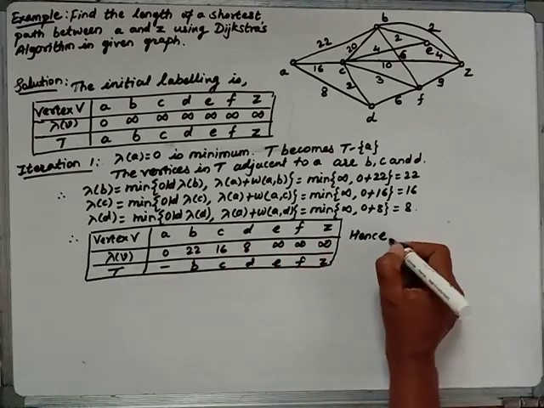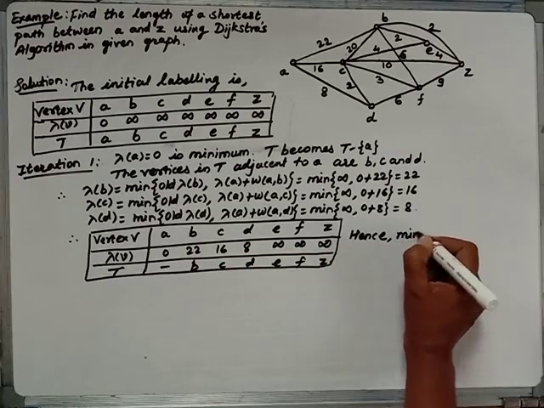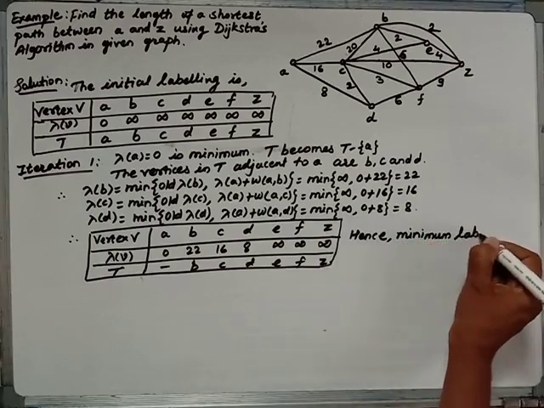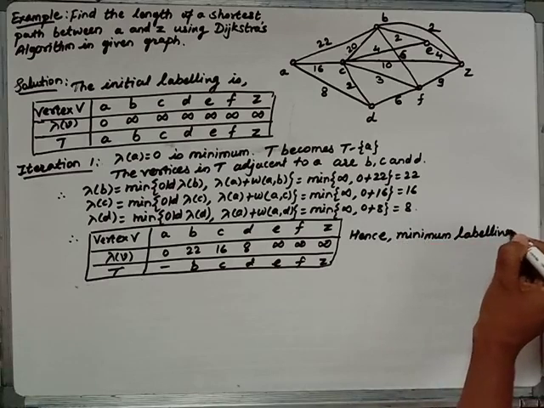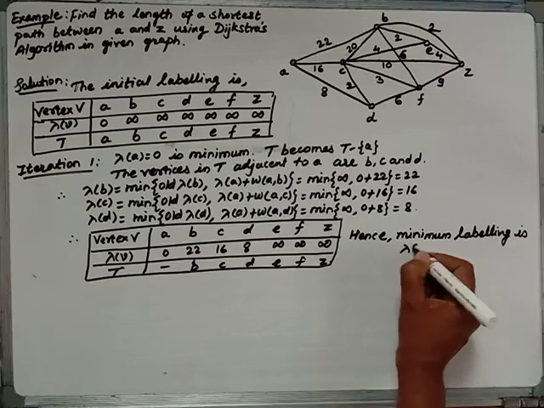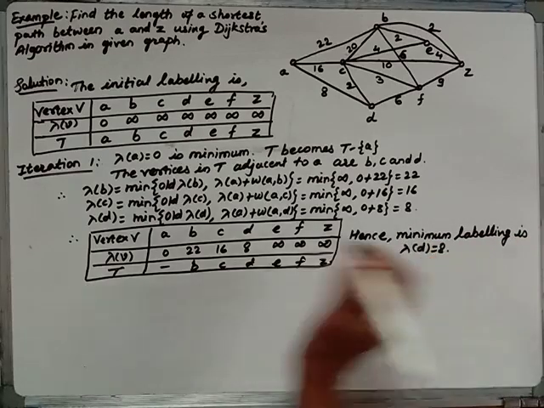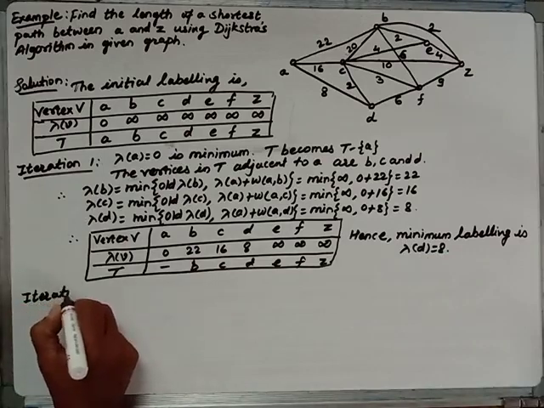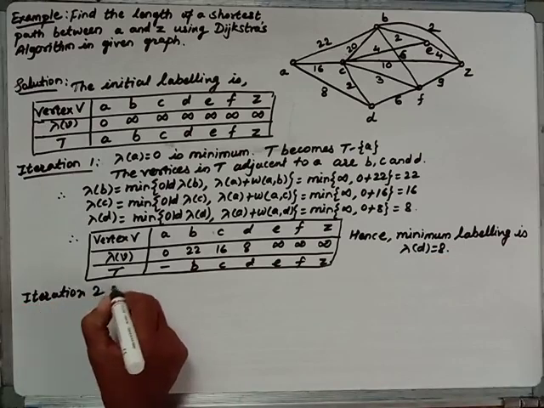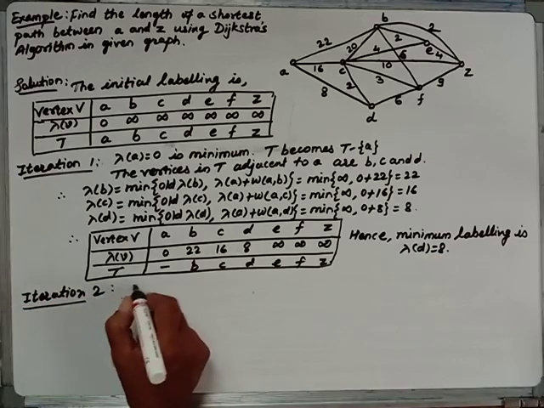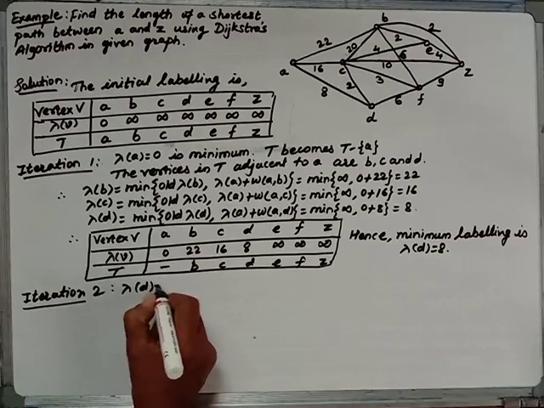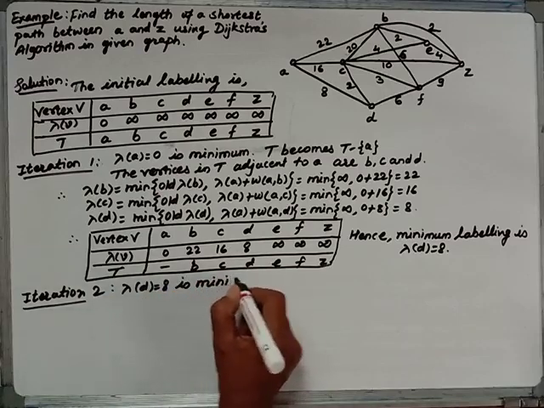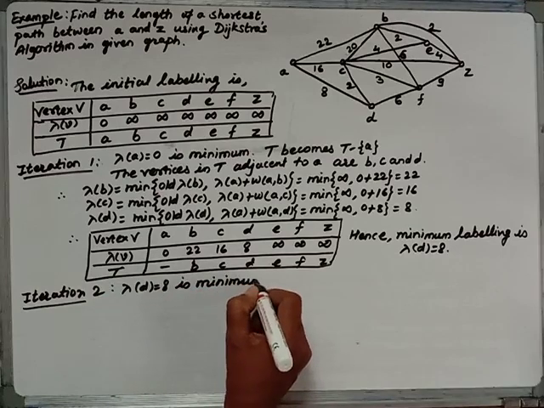So hence the minimum labeling is lambda of D equal to 8. So our iteration 2 will be for lambda of D equal to 8 being minimum.